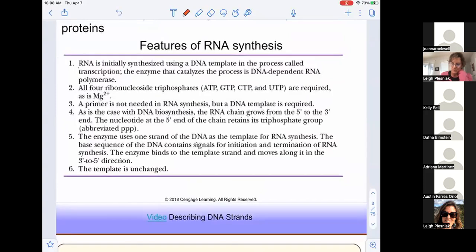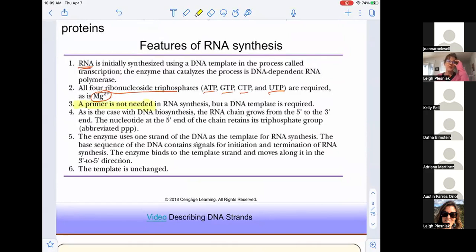Okay, so this is when RNA is synthesized, and so we need all 4 of the RNA nucleotides. So instead of the deoxy ATP, now we need just regular ATP, GTP, CTP. Instead of thymidine, now it's uracil. And whenever you see nucleotides, think magnesium. One big difference between RNA synthesis and DNA synthesis is that a primer is not needed for RNA synthesis.